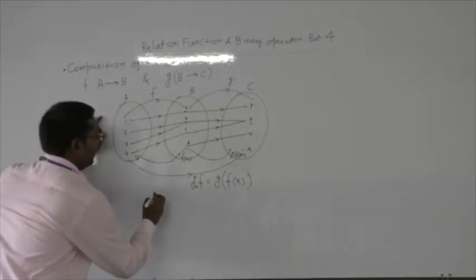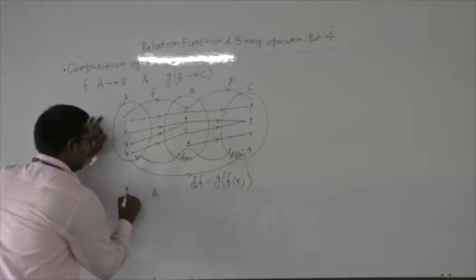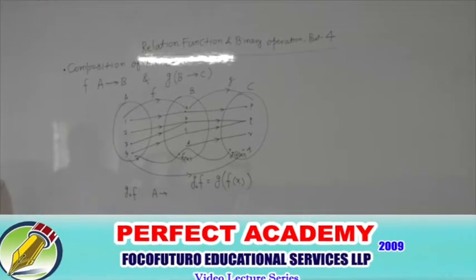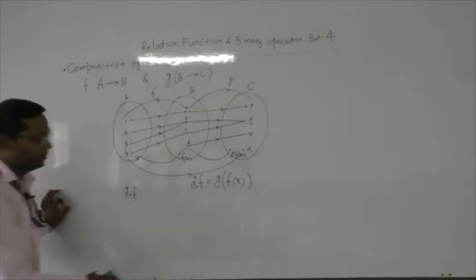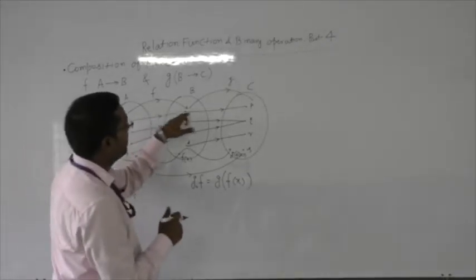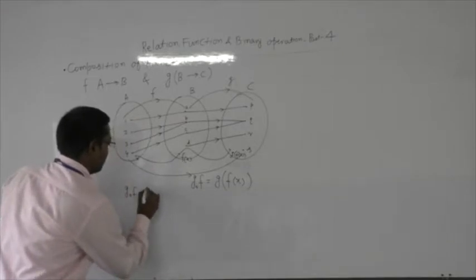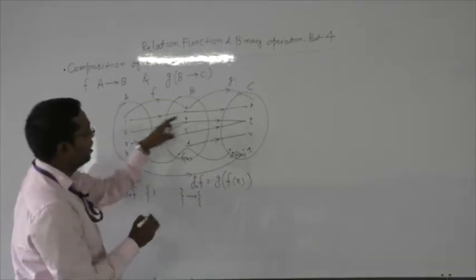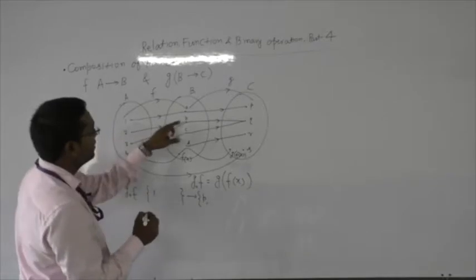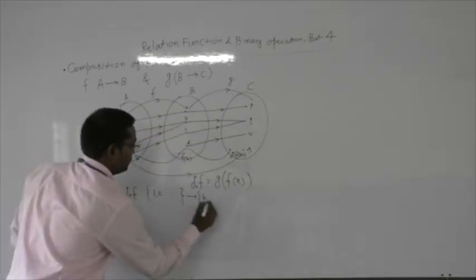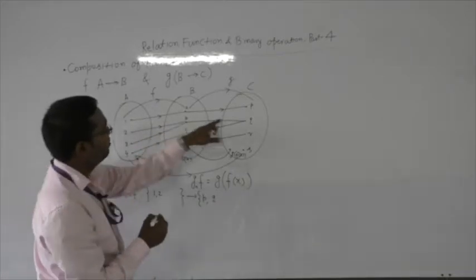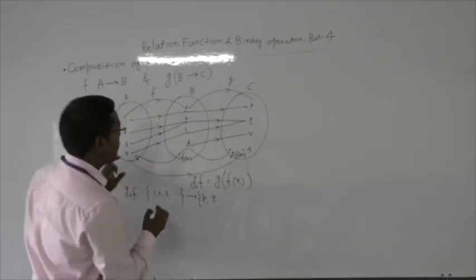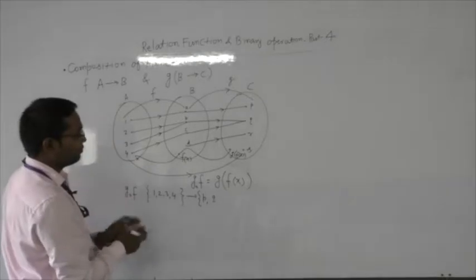Means g of f function will be defined from A to C, or better I will write in the symbolic form. 1 is connected to a, connected to P. So this will be defined from 1, and here I am writing its range, 1 to P, 2 is connected to b, b to Q, 2 to Q, 3 is connected to b, b to Q, so 3 to Q, 4 is connected to c, c is connected to Q, so 4 to Q. That's all.